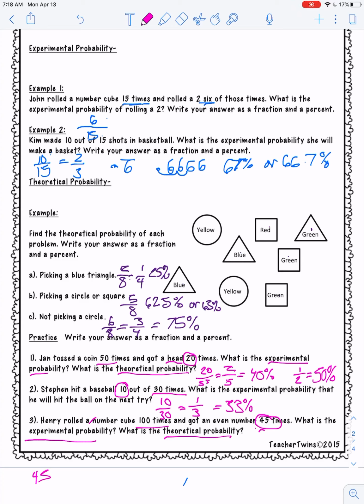So we have 45 out of 100, which would equal 9/20ths. And we can get our percent right from the original fraction, which would be 45%.